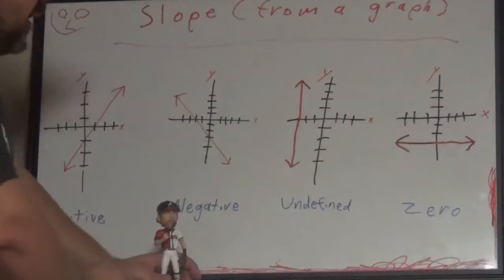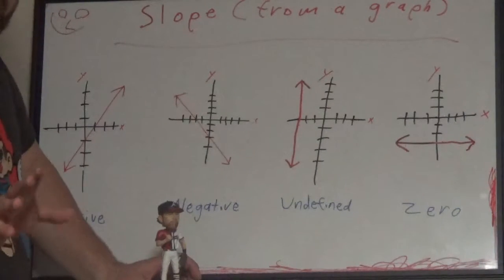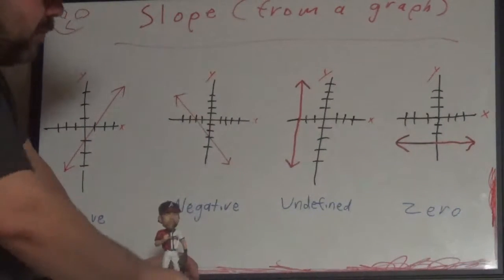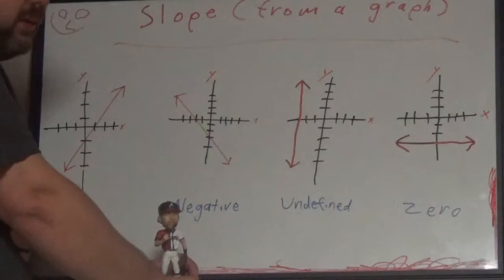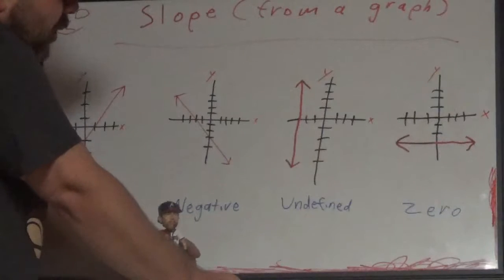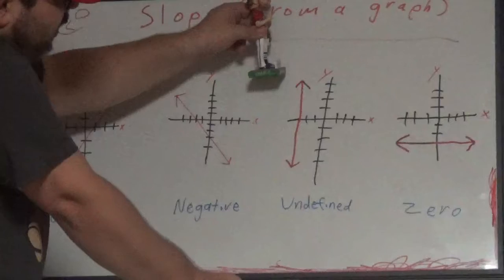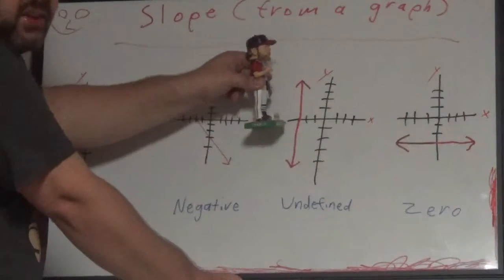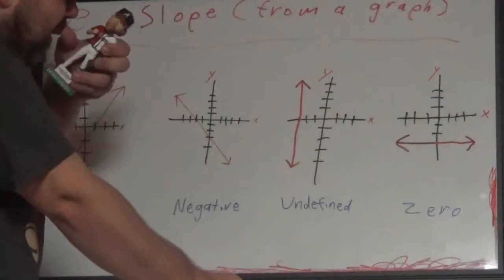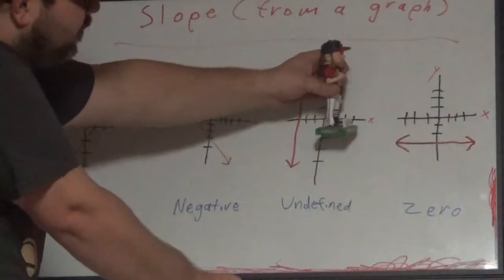And the reason is, we can explain this when we do slope with 2 points, or also as an equation. I'll explain it when we get to those in future videos. But undefined means it's up and down. If you're walking, you just can't pass. It's the end of your trip. But because we have one more to talk about, we'll assume he did pass.